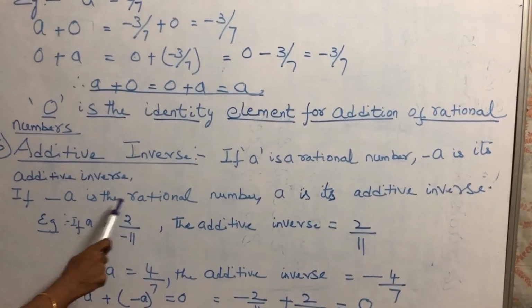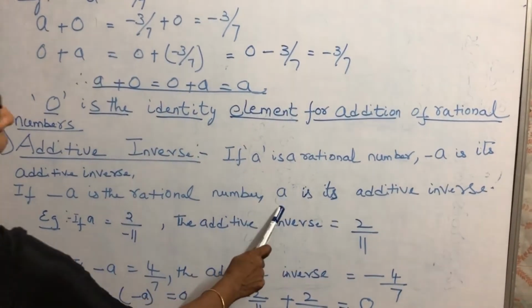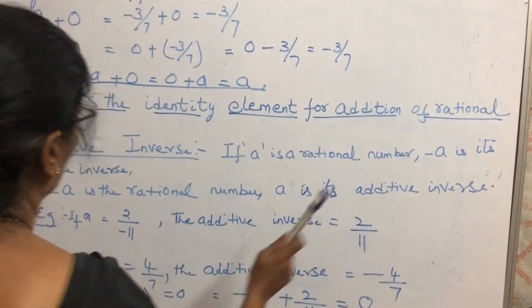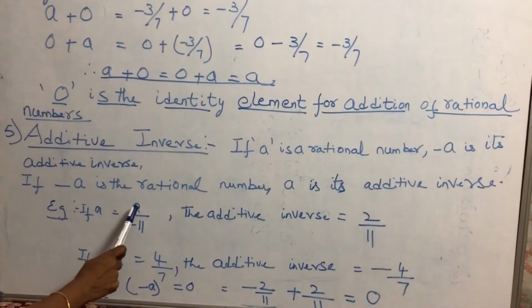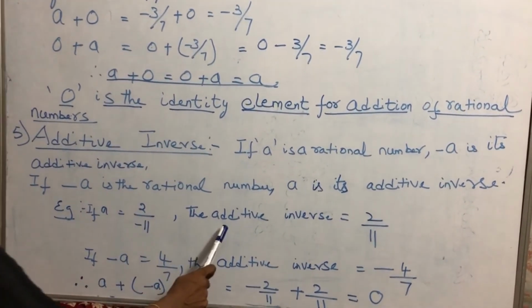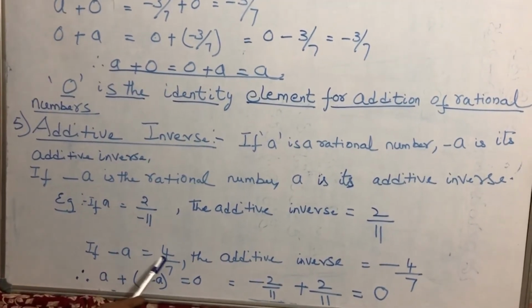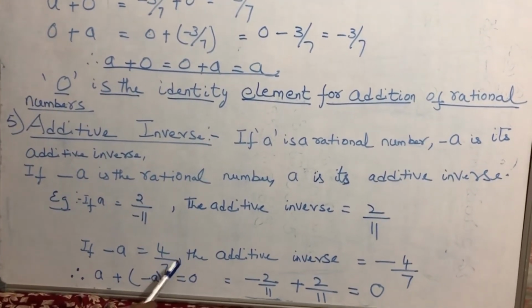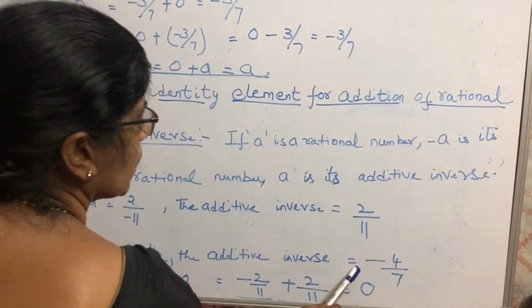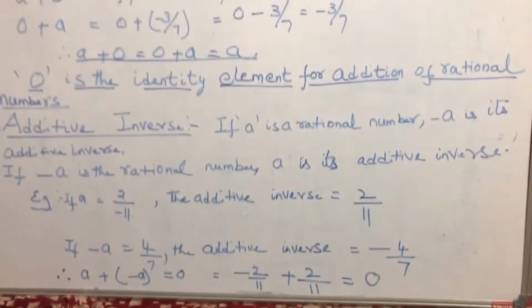If minus A is a rational number, A is its additive inverse. Example, A is minus 2 by 11, the additive inverse is 2 by 11. If minus A is equal to 4 by 7, the additive inverse is equal to minus 4 by 7.